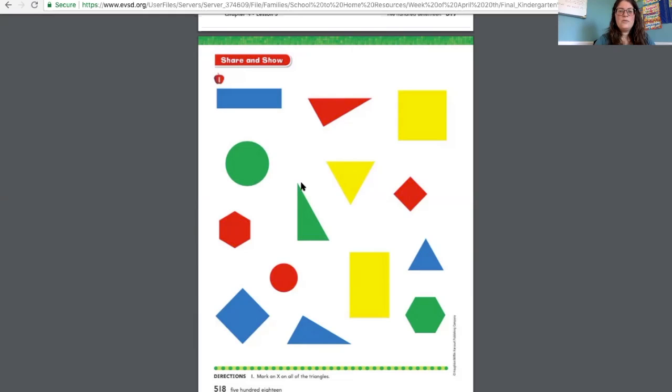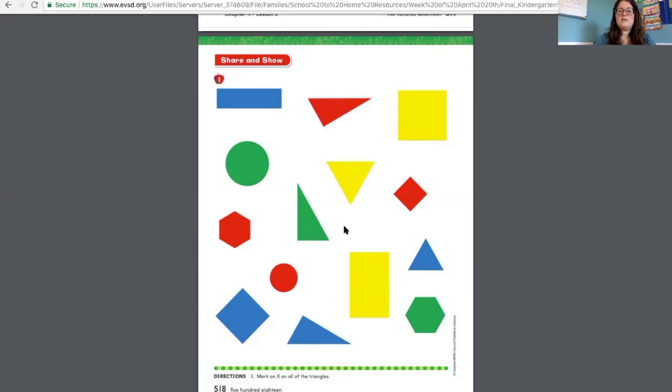Let's count. 1, 2, 3. Yes, 3 corners or vertices and 1, 2, 3 sides. You'll notice that with all of the other triangles here, they all have 3 corners and 3 sides.